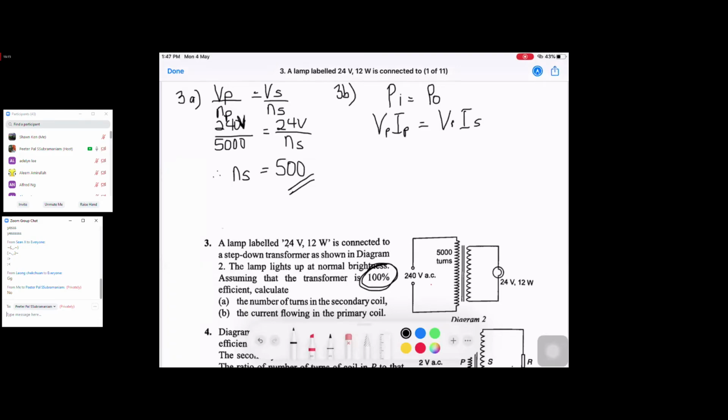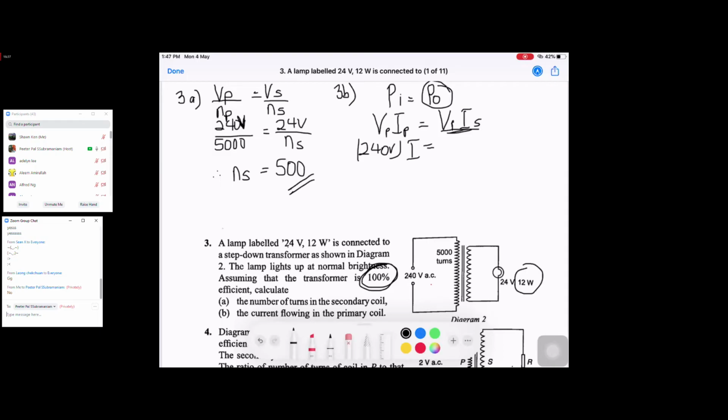Now, the primary voltage is 240 volts. The primary current, we do not know. I don't have to work it out that way because the output power is given, 12 watts.